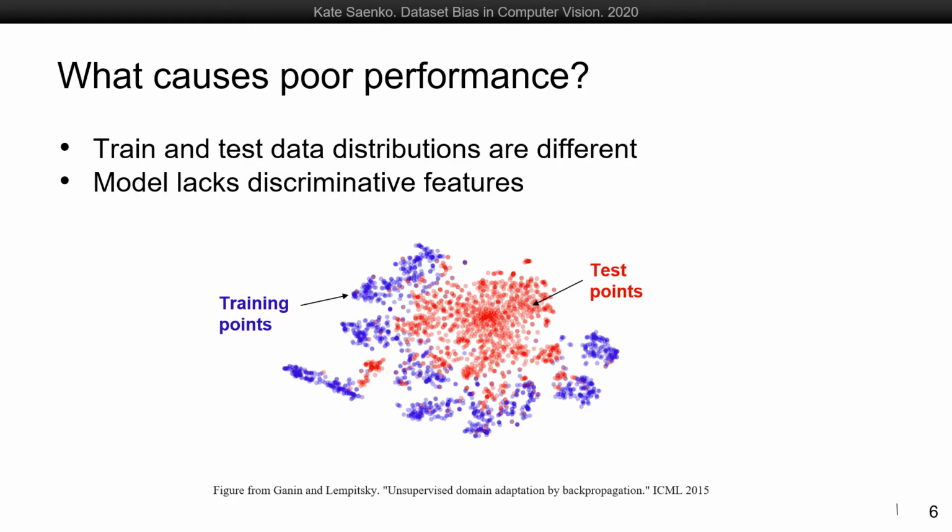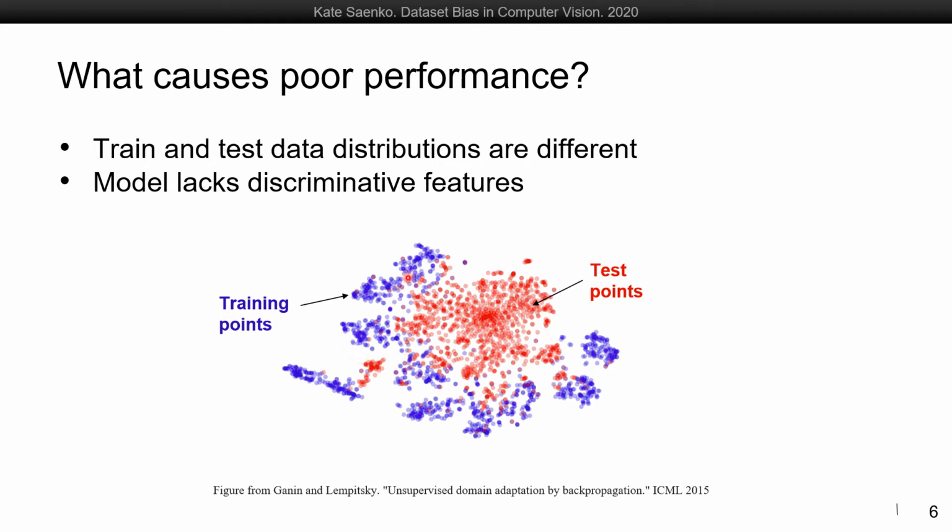So what causes this poor performance on the target domain? Well, there are basically 2 key causes of poor performance, at least the ones that I would like to focus on today. One is that the training and test data distributions are different. So I've already alluded to this before.